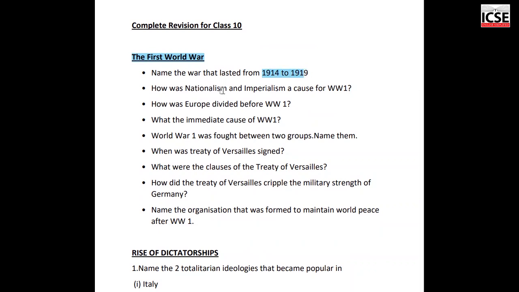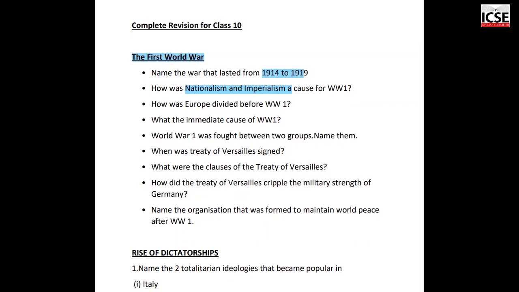How was nationalism and imperialism a cause for World War I? This is a very important question. You should be able to write at least 4 points on this, 2 points on nationalism, 2 points on imperialism. If you get this question, ideally you will get it in the long question section. Also, when you're writing about nationalism and imperialism, you can write the definition of each, and then you can give examples.